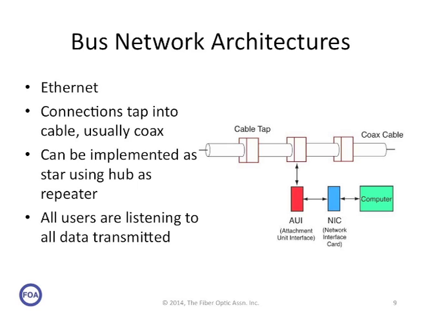Ethernet was originally designed to use a coaxial cable, and literally each connected device tapped into the cable physically, with a device that was sometimes known as a vampire tap, but officially known as an AUI, or Attachment Unit Interface. A bus network means that all users are listening to all the data transmitted.